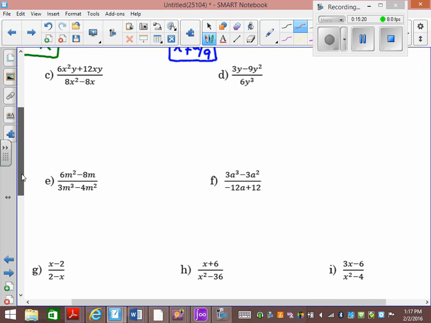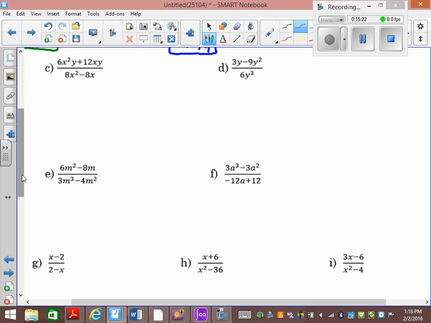So C, first thing we ask ourselves is, can we take anything out of the top and the bottom? Are they a difference of squares? Parker, can I take anything out of the top? 6xy. So if I take a 6xy out of this first term, out of 6x squared y, I'm left with x, plus 12 divided by 6 is 2, xy, they cancel.